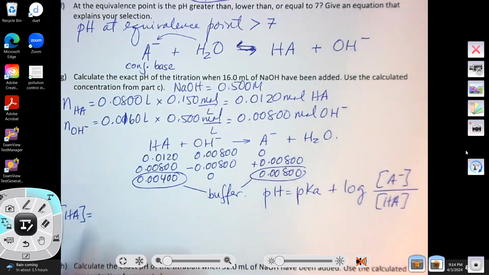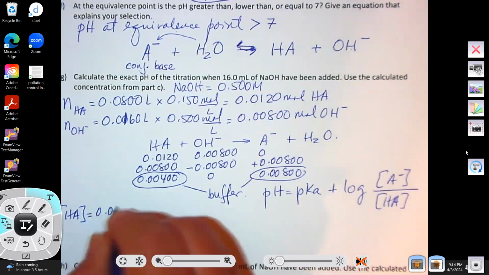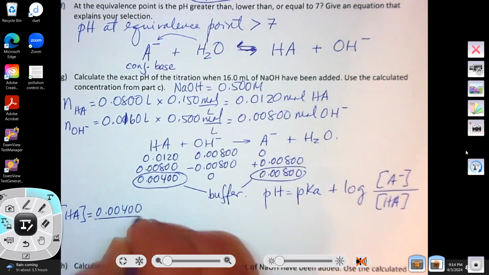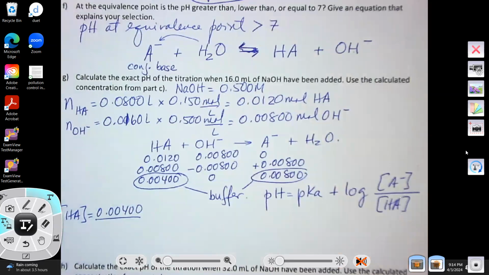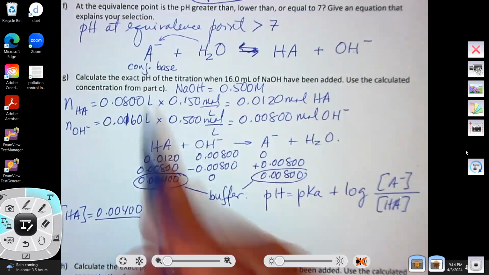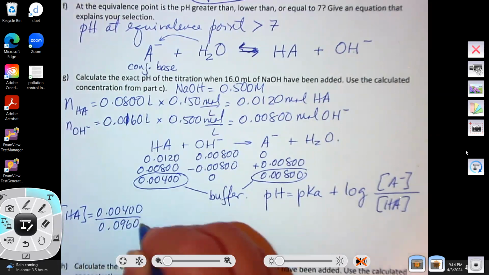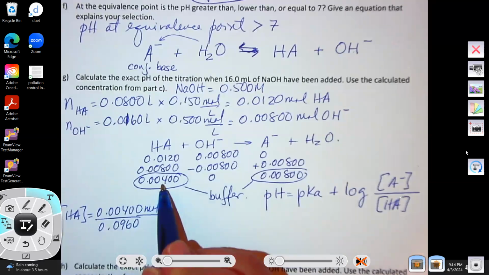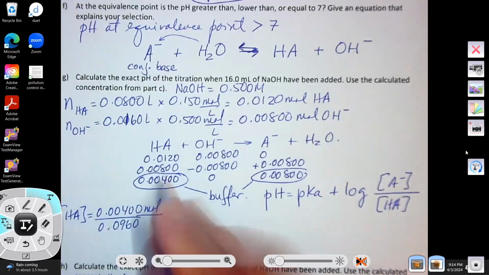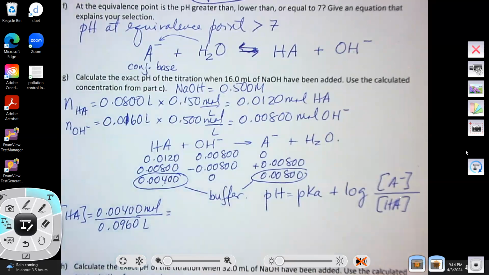the number of moles of the acid divided by the total volume. So the total volume is the 80 milliliters plus the 16. So that's 0.096 liters, sorry. So you take the number of moles of acid left, you divide it by the total volume, and that's going to give you the concentration of the acid.